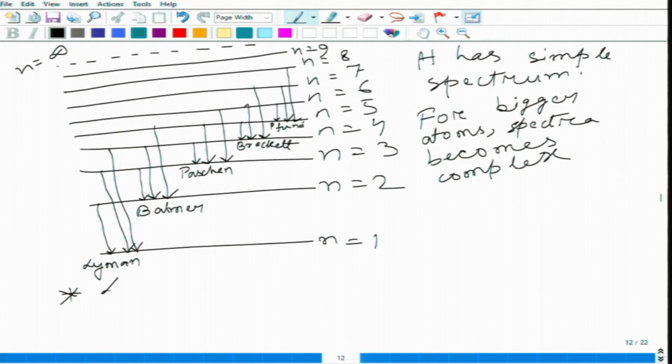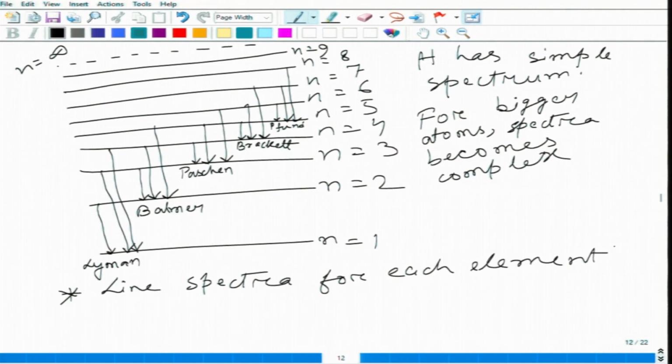The first feature is that the line spectra for each element is unique.